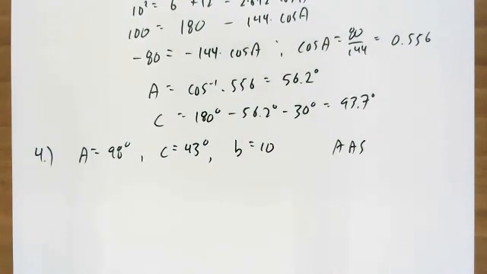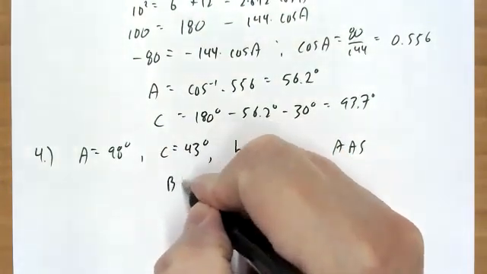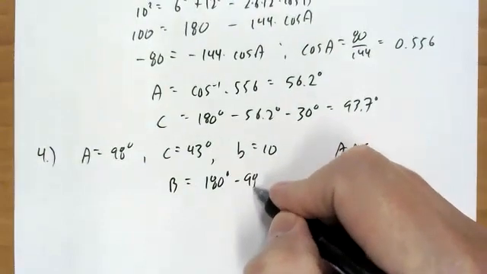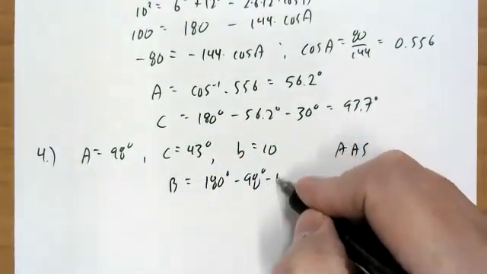So I can first figure out angle B. Angle B will be 180 degrees minus angle A minus angle C.